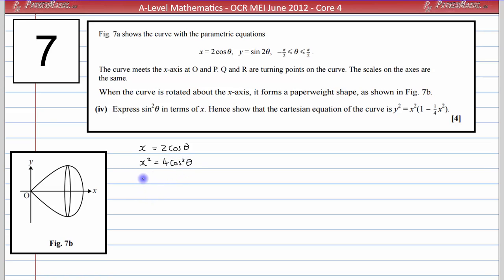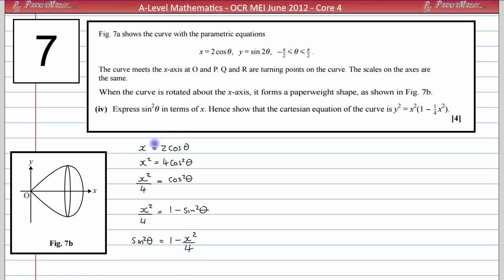Dividing through by 4 gives us x squared over 4 equals cos squared theta. Then if we use our identity sine squared theta plus cos squared theta equals 1, we can rewrite the right hand side as 1 minus sine squared theta. If we rearrange this, we end up with sine squared theta equals 1 minus x squared over 4.